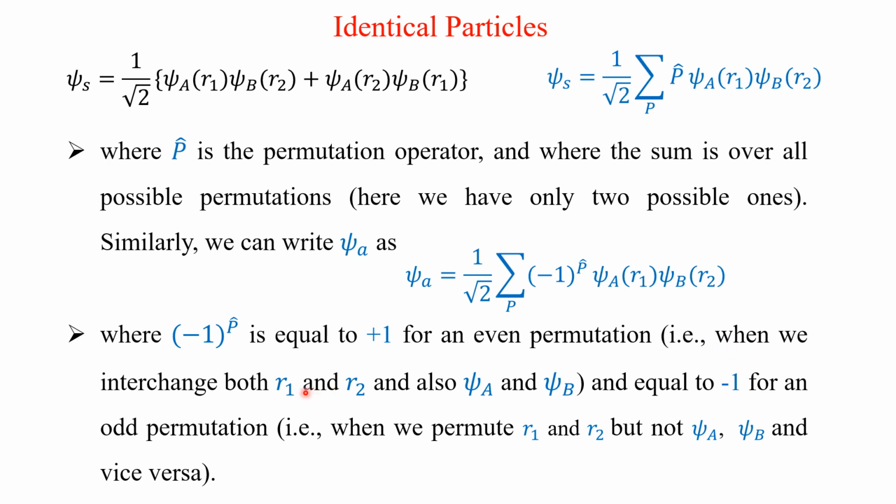That is when we interchange both R1 and R2 and also psi A and psi B. And it is equal to minus 1 for an odd permutation. That is when we permute R1 and R2 but not psi A, psi B, and vice versa. So this is plus one per even permutation and minus one per odd permutation.